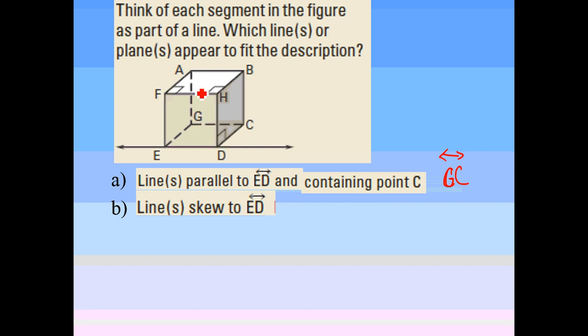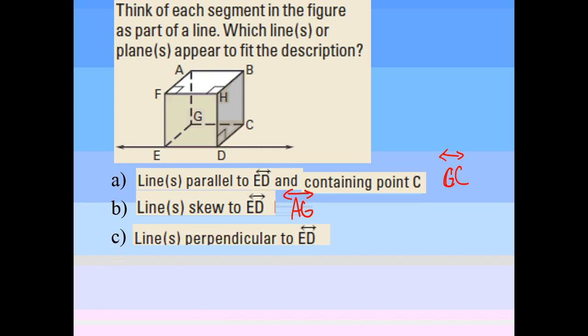That segment back there is going in a different direction than ED, and it will never intersect ED. Those are called skew lines. So skew to ED could be AG, or maybe BC, or maybe HB, or maybe FA. All of those different lines are skew to ED.